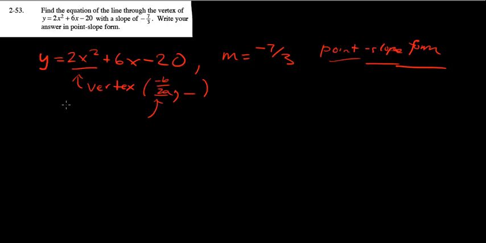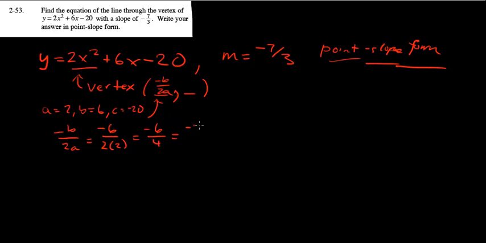So let's find that. A, b and c come straight from our quadratic equation. A is 2, b is 6, c is negative 20. So negative b over 2a is equal to negative 6 over 2 times 2, which is negative 6 over 4 or negative 3 over 2, right?